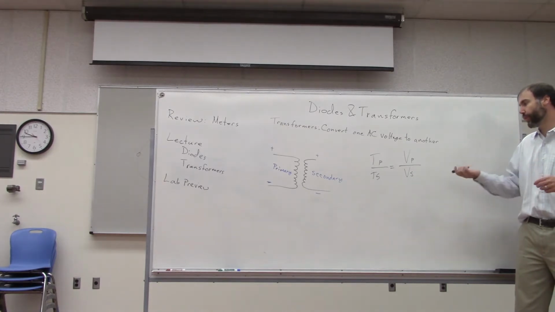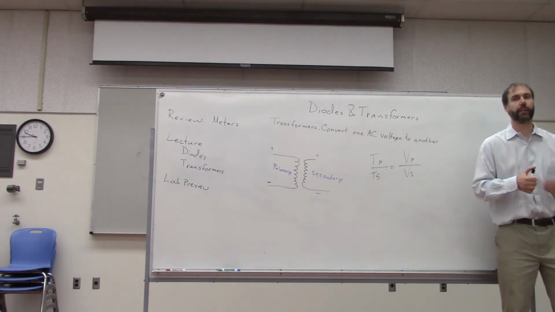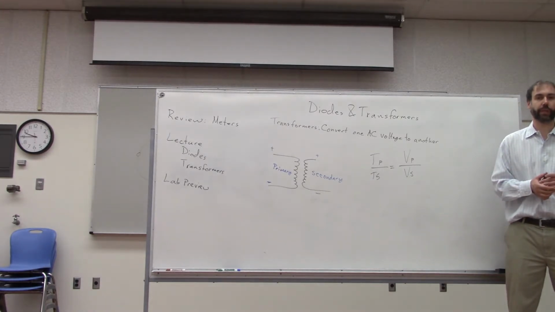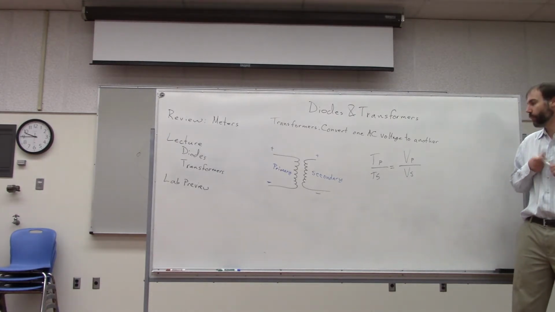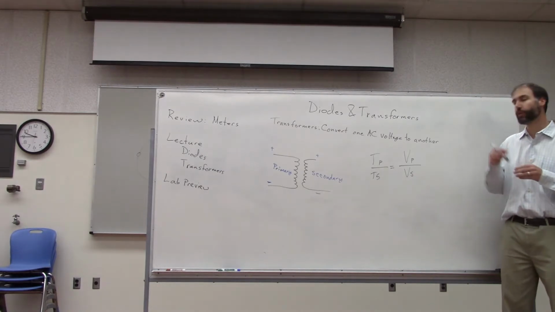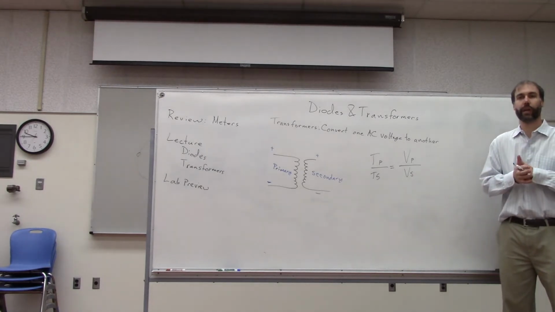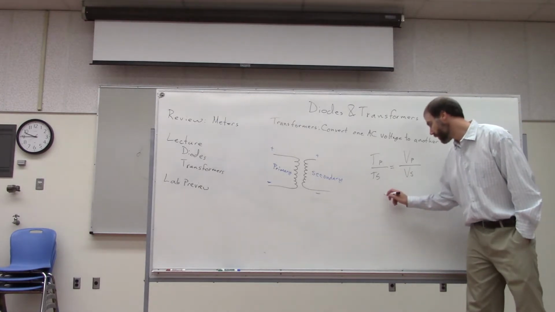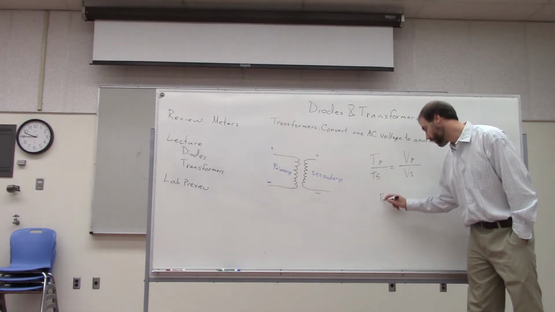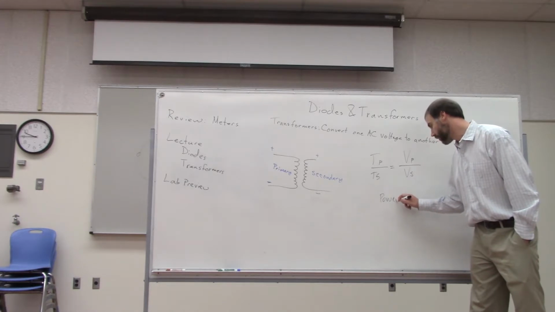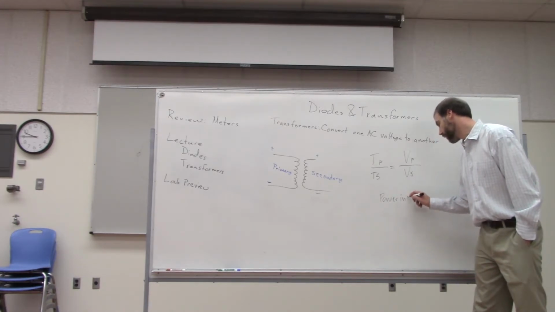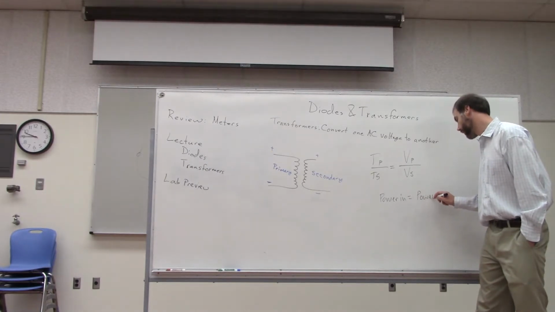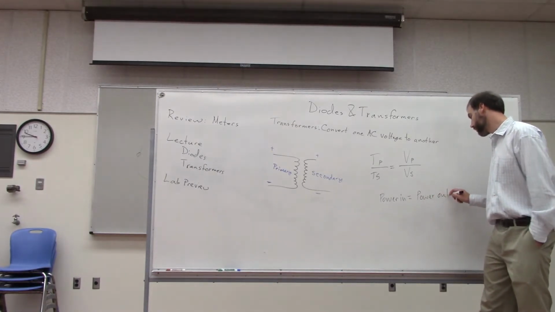But there's no free lunch in electronics. You can't just get out more voltage and not expect to lose something, right? So basically what happens is that if the voltage goes up, the current goes down. What stays constant is the power. So the power in equals the power out.